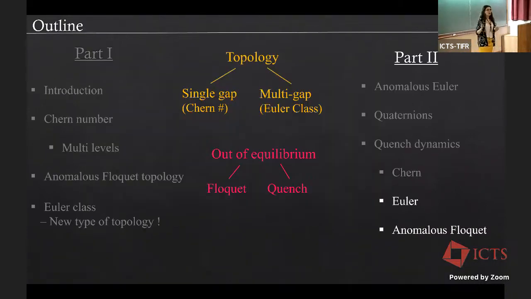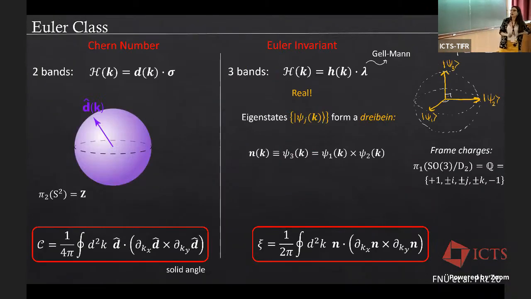So now how does it work for the Euler class? I showed you that the Euler class can be represented. These eigenstates are real, so I can always represent it as a real band on a vector space, right?